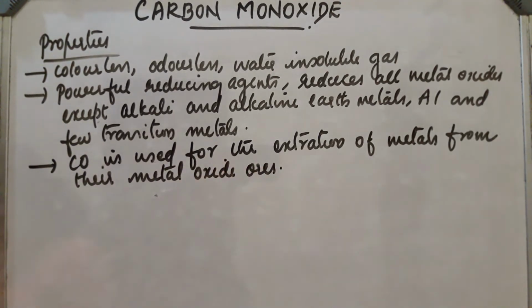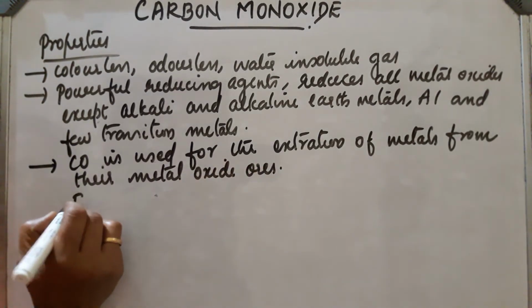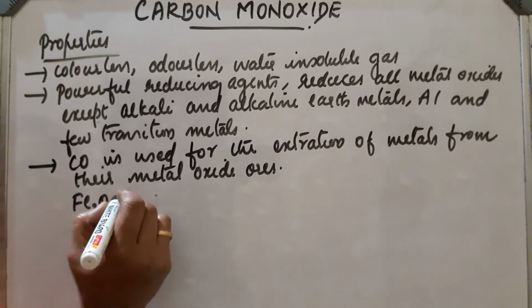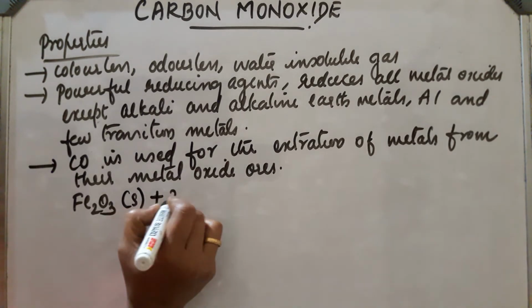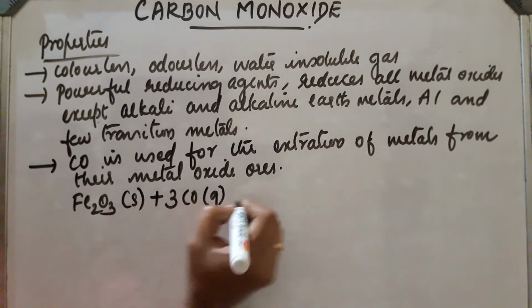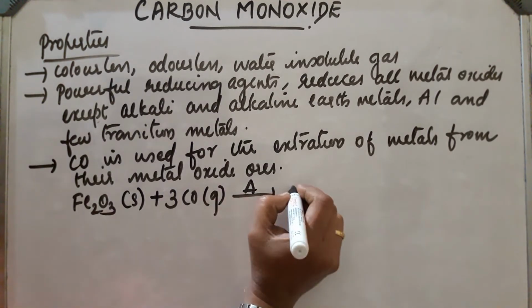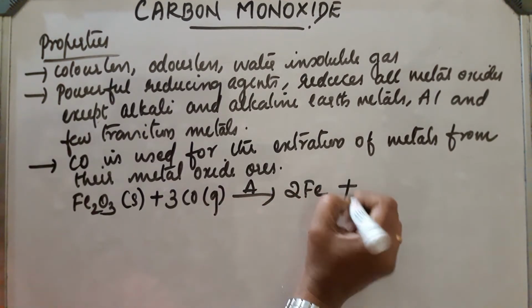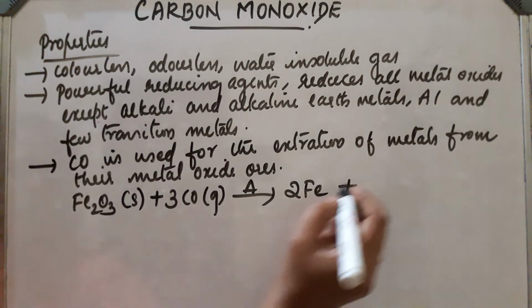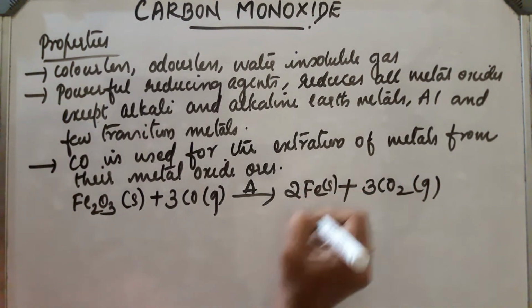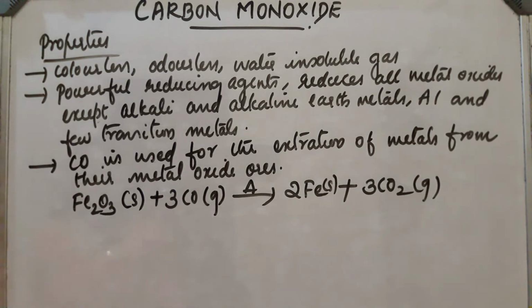For example, Fe2O3 with carbon monoxide. Here carbon monoxide acts as a reducing agent and forms 2Fe plus 3CO2. So metal can be extracted from its metal oxide ores.